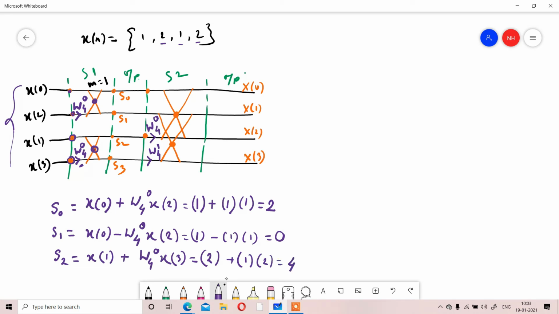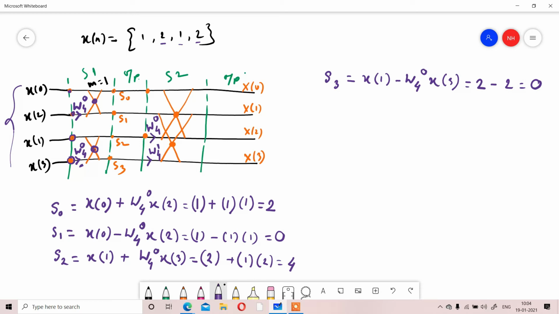And S3 will be the negative part of the same butterfly, meaning x1 minus W40 x3, so it will be 2 minus 2, so that will also be 0. Clear? So in that way you are getting S0 to S3.